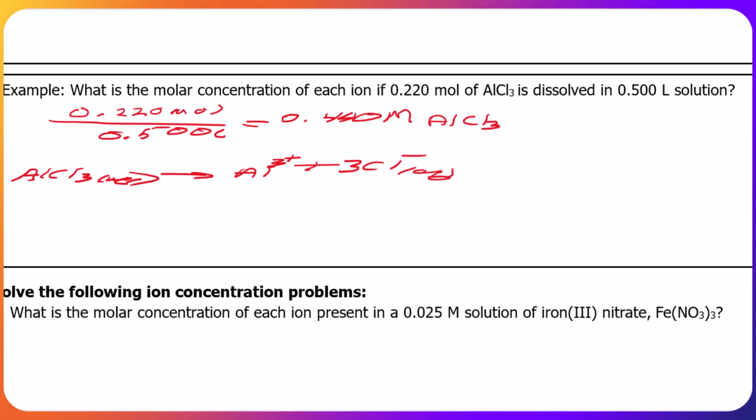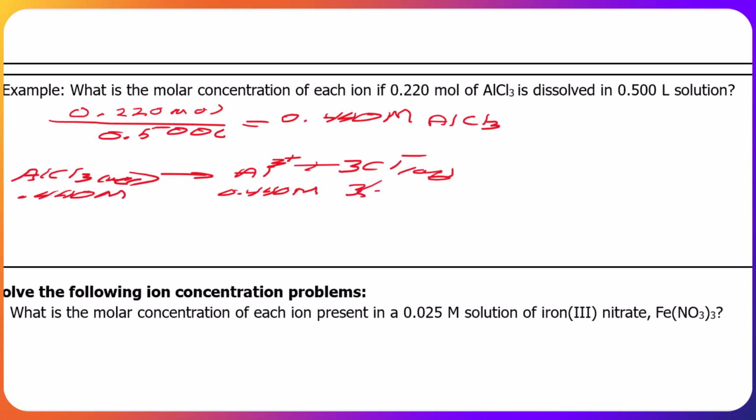So if our concentration of aluminum chloride is 0.440 molar, then our concentration of aluminum is 0.440 molar, and our concentration of chloride ions is 3 times that.